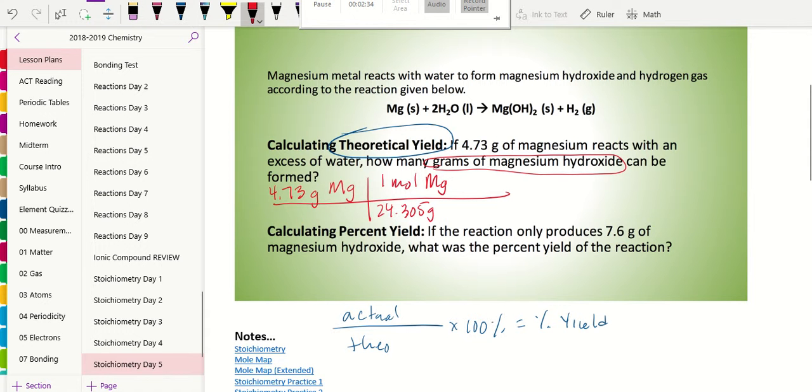So now I'm at moles of magnesium. Where do I go next? Molar ratio. Mole ratio. What's your mole ratio here? 1 mole of magnesium to 1 mole of magnesium hydroxide. Where do I go from moles of magnesium hydroxide? Evan?